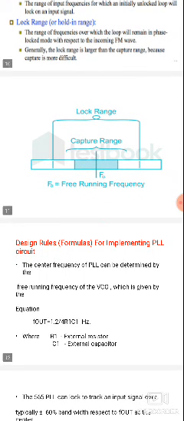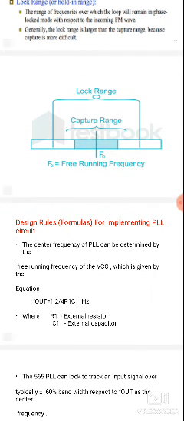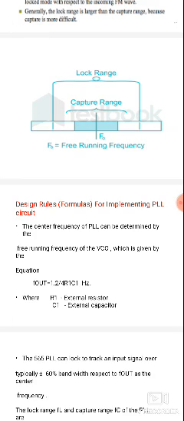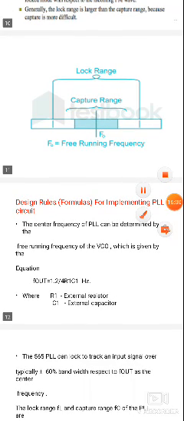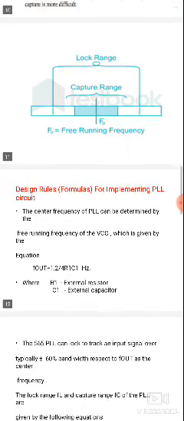In the capture range we observe the input signals, so the capture range is more difficult than the locked range. The locked range will be greater than the capture range. In this diagram we can also directly observe that the capture range is less and the locked range is high, that is, the capture range is narrower. The locked range is the broader range.